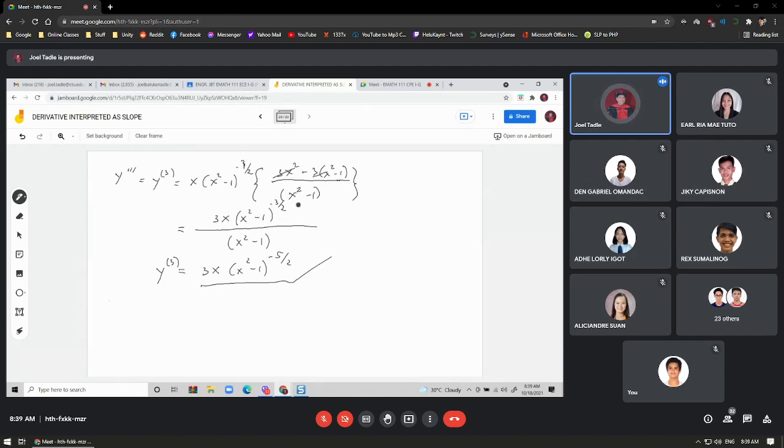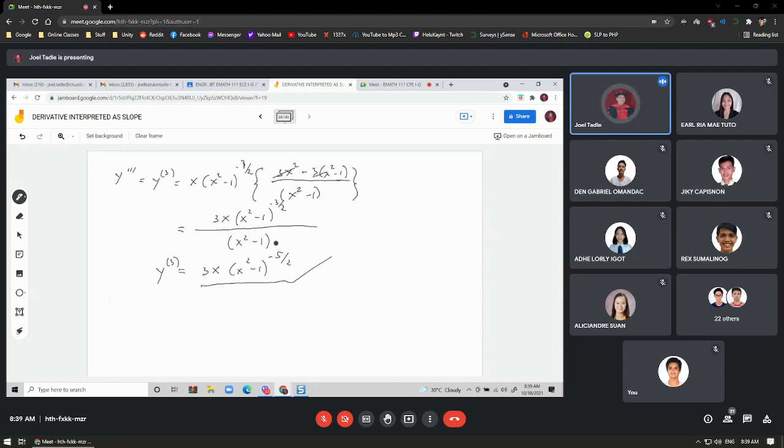This is how we get the LCD. Then it's just algebra. We multiply the negative 3 into the parentheses, and 3x squared minus 3x squared cancels out because it is zero. Then negative 3 times negative 1 is positive 3. Then we multiply by x. So you have positive 3x times quantity x squared minus 1 raised to the power negative 3 halves, then over the LCD.